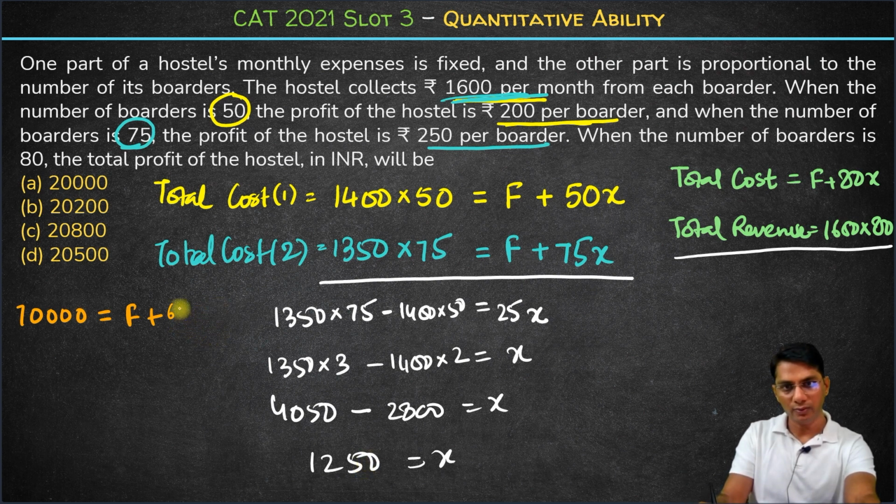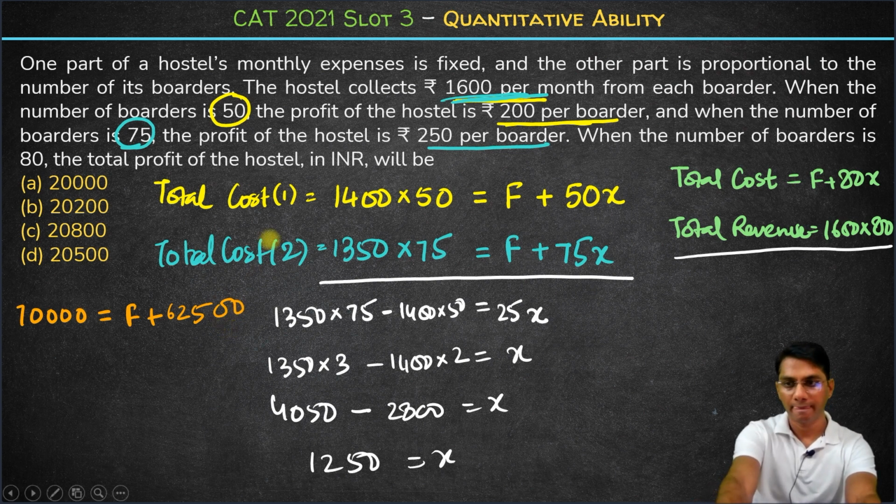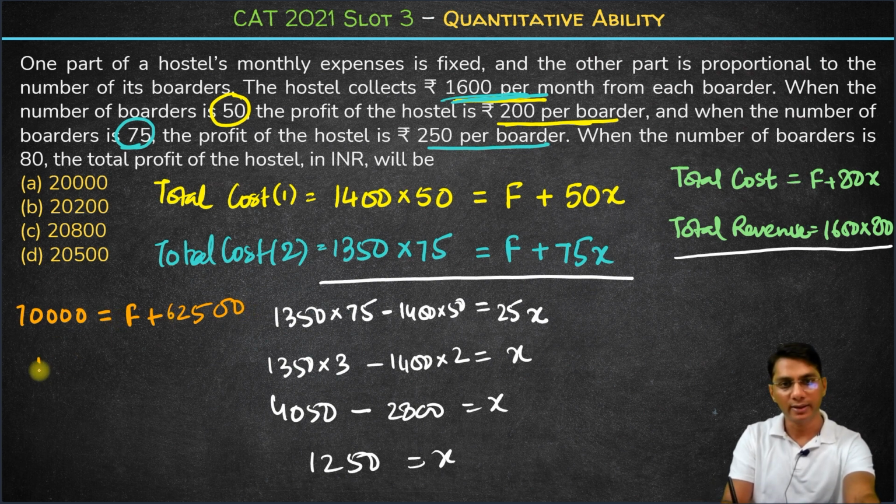So 62,500. This is the fixed cost. Okay. As in 70,000 is F plus 62,500. So F here comes out to be 70,000 minus 62,500, which is 7,500. So the fixed cost is 7,500 per month and the variable cost per boarder is 1250.